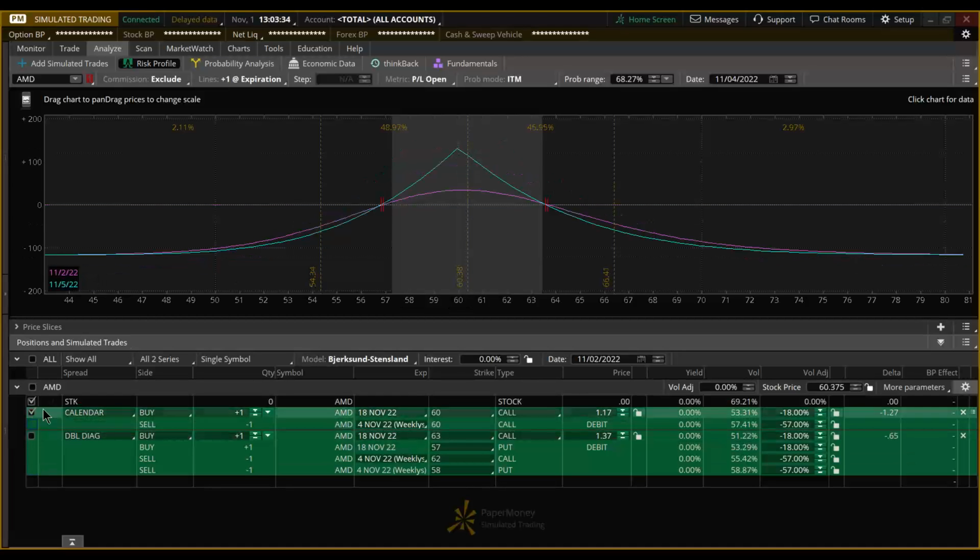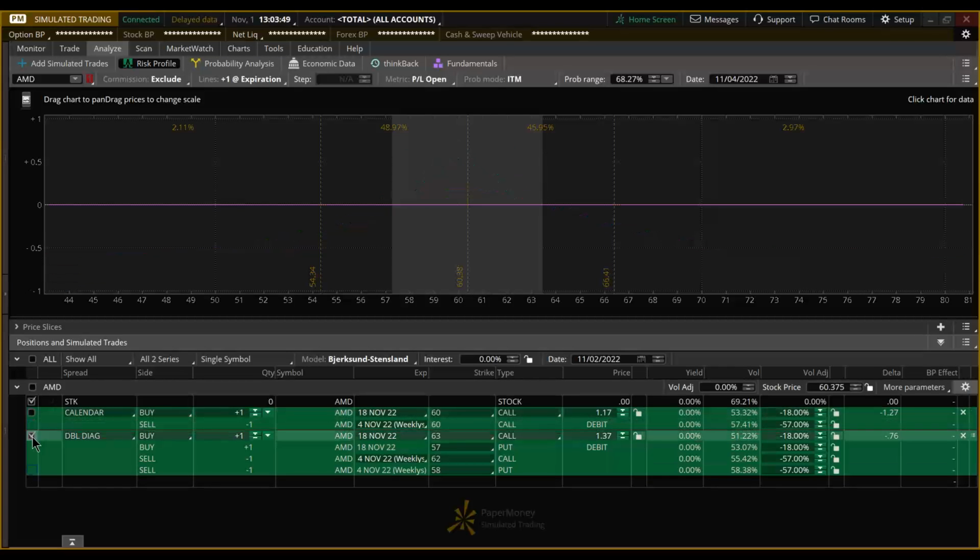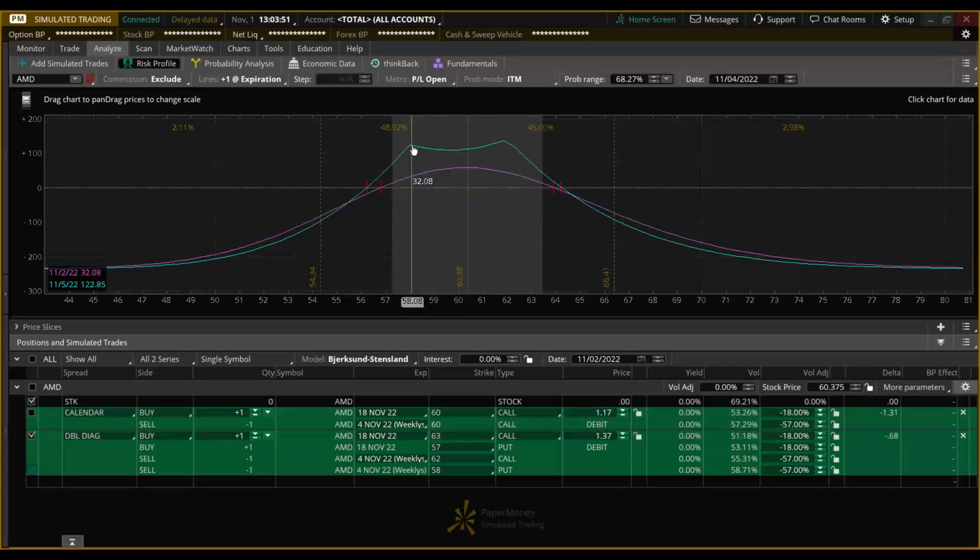Let's go look at the calendar. The maximum profit on the calendar is $131, okay? But the calendar has to hit $60 in order to get that profit. The diagonal has that profit across a very wide range, almost the entire one standard deviation.